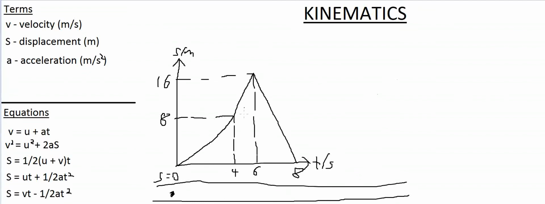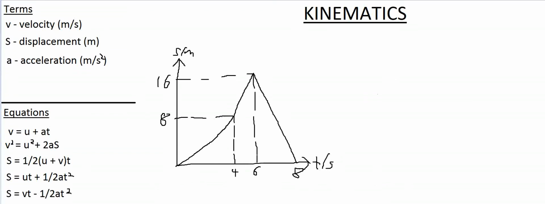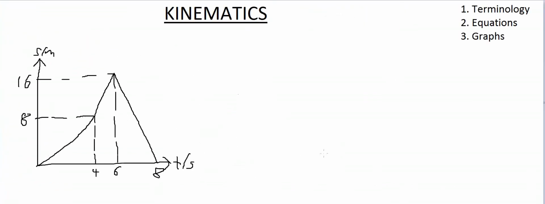For 4 seconds, the car may be here, 8 meters away from the origin. At 6 seconds, it may be here, 16 meters away, and at 8 seconds it is back here. So that's how to interpret a displacement time graph.